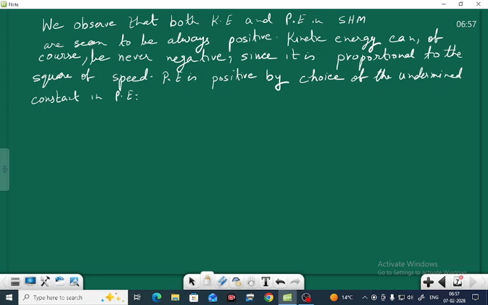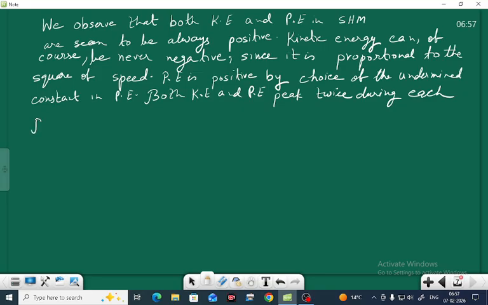Both kinetic energy and potential energy peak twice during each period of SHM, of simple harmonic motion.